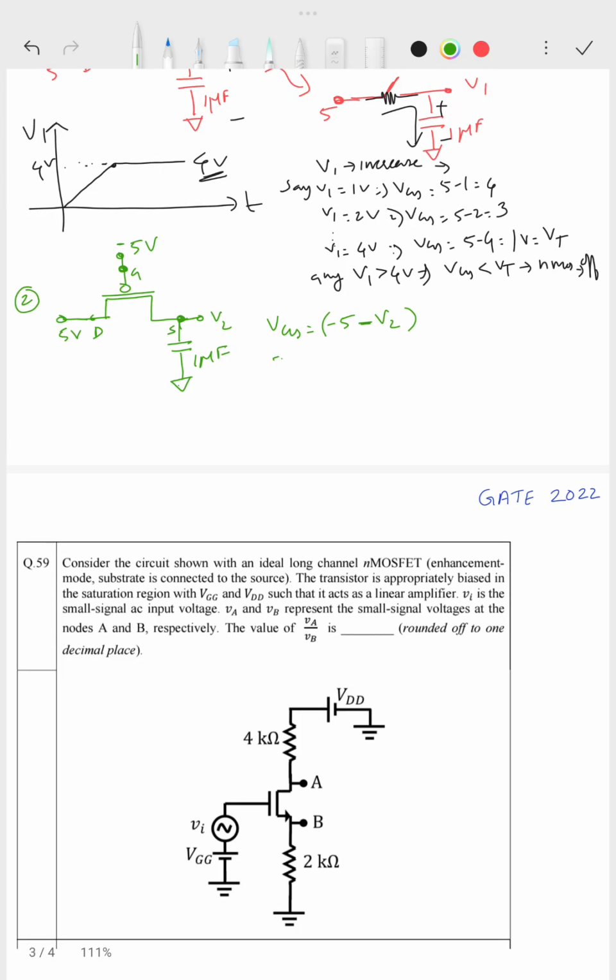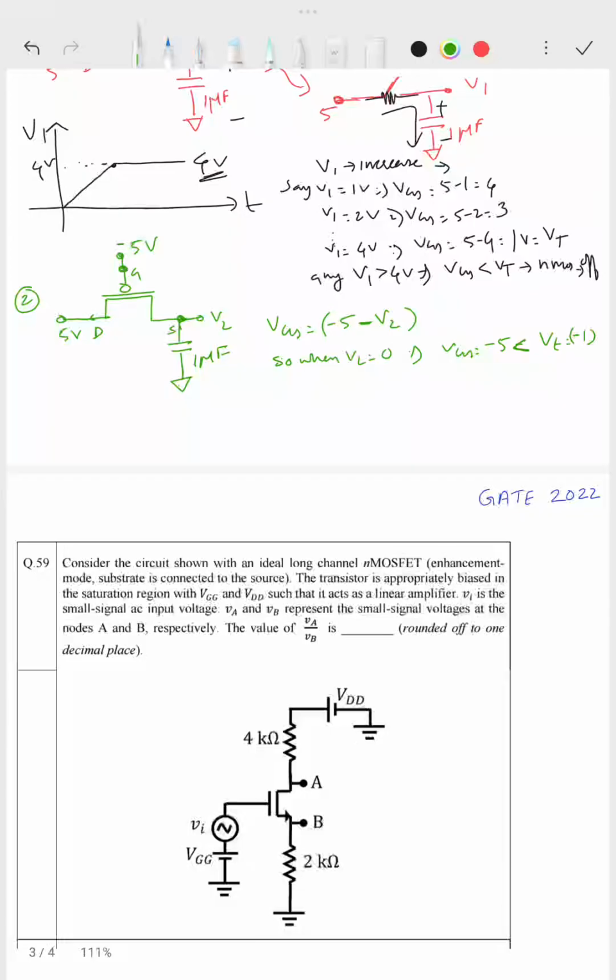When V2 equal to 0, definitely VGS equal to minus 5, which is less than the threshold voltage, that is minus 1 volt. So that is what we require, right? For PMOS, the voltage VGS should be less than VT. If the threshold voltage is minus 1 and VGS is less than minus 1, definitely that PMOS will be on.